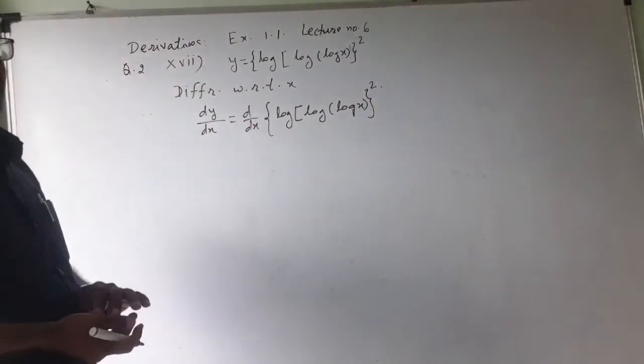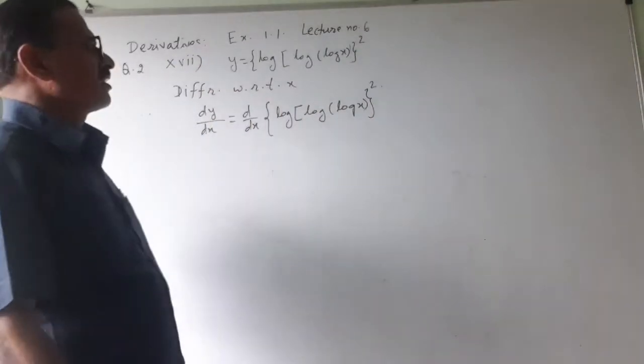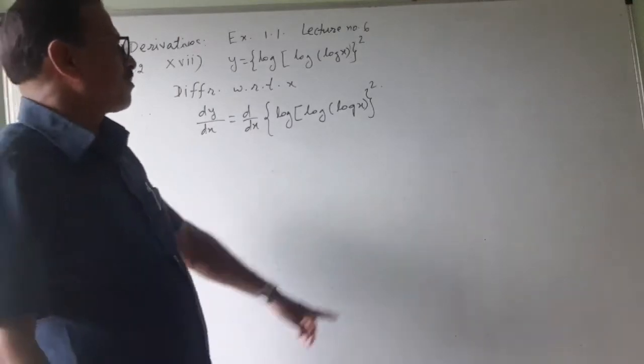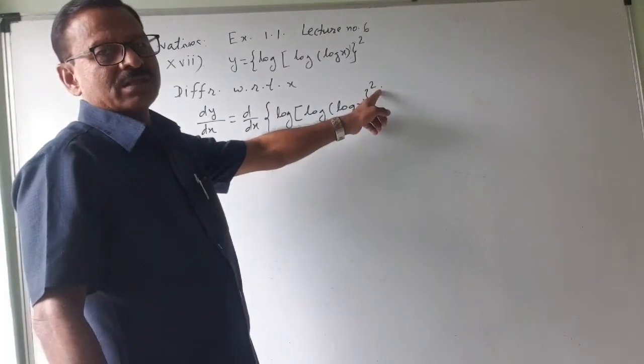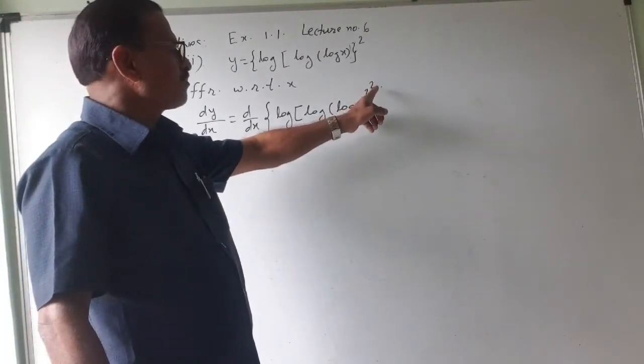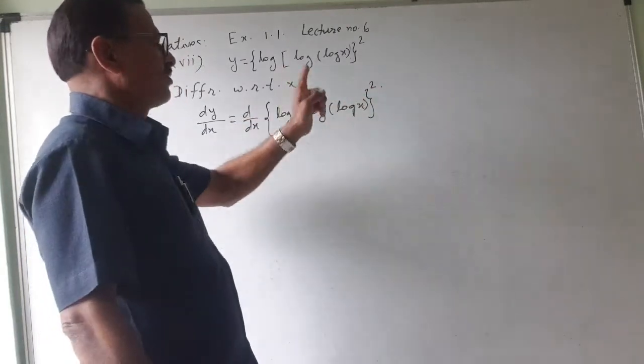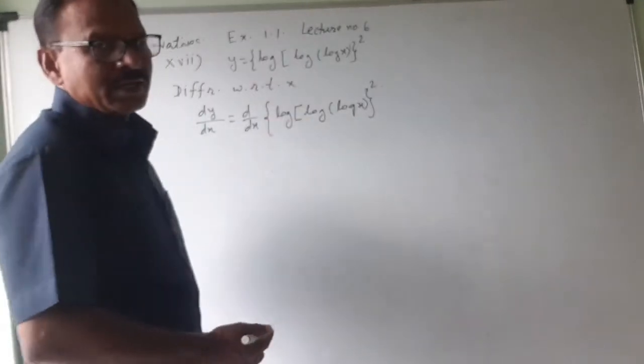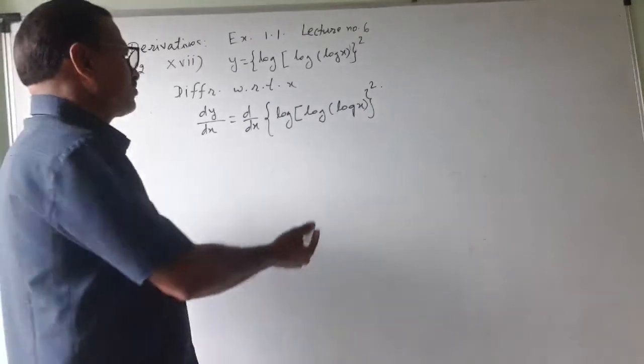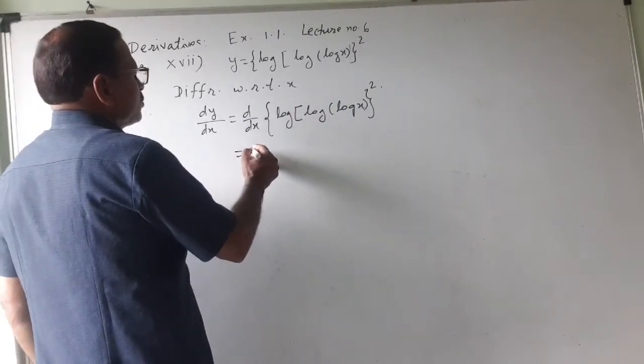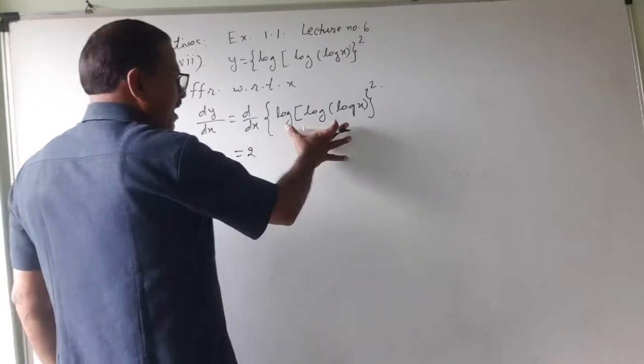Now here again, which is the first function? Always remember that power function is the first function. So for this power, I have to take the derivative, x raised to n, x raised to n minus 1.